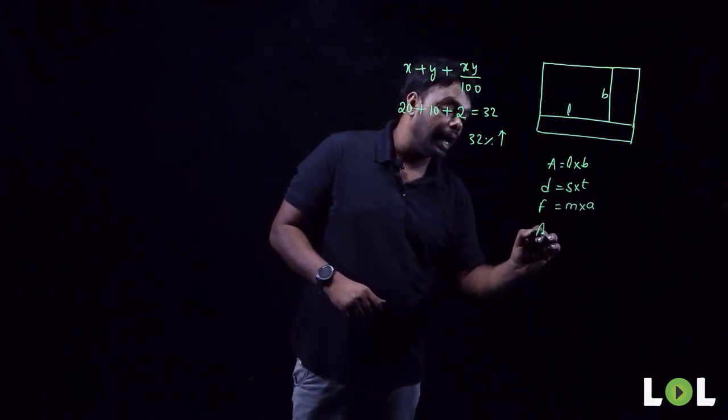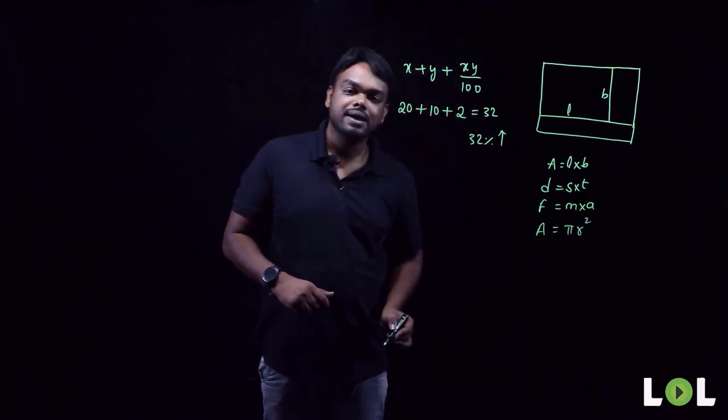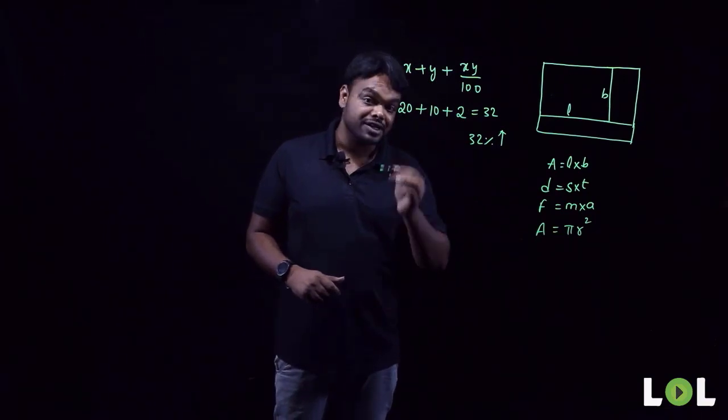Now what if I give this: area is equal to pi r square, that is the area of a circle. Is this successive percentage? Let's check that as well. What is the percentage change in area if the radius of a circle is increased by 10%?